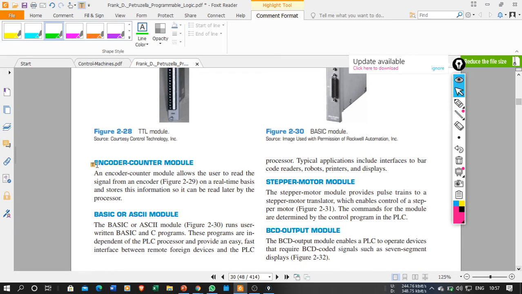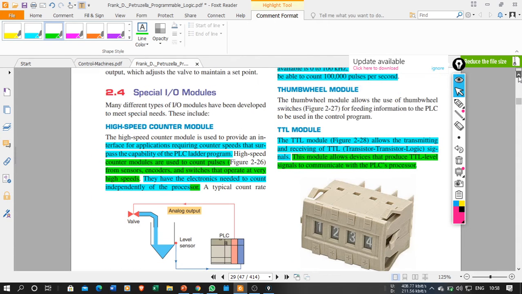Now, the encoder counter module. The encoder counter module allows the user to read the signal from an encoder. This is the encoder counter module which will read the signal on a real time basis and store the information so that it can be read later by the processor. So these modules will read the information on real time basis.